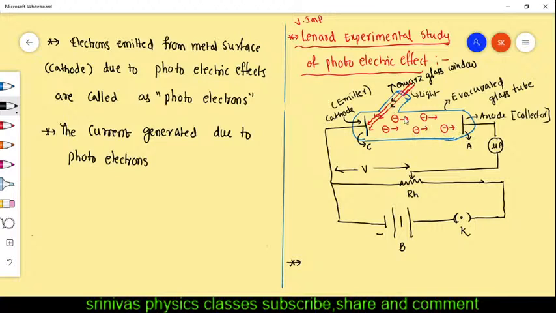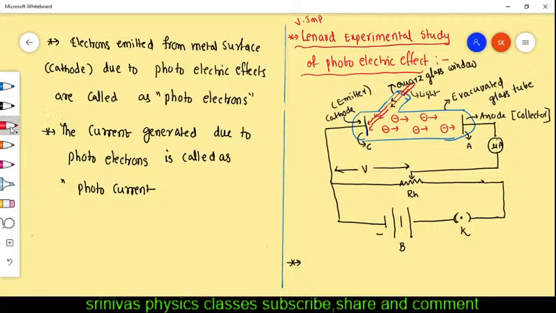In the figure, these minus signs are the electrons. These electrons are generated due to the photoelectric effect. The electrons are called photoelectrons, and the current generated due to photoelectrons is called photocurrent.